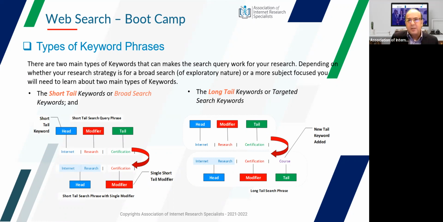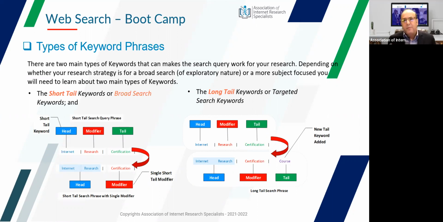That means there is less context attached to it, fewer tail words, and that would bring more results back when you do that kind of search. So you'll have a broader spectrum of results to look into and explore, and then you make it a narrower search later on by adding more context to convert it into a long tail.